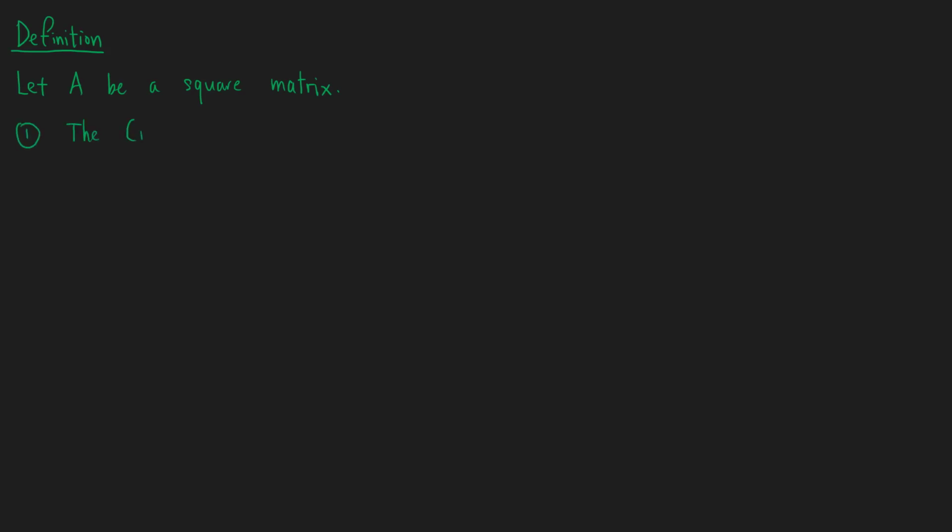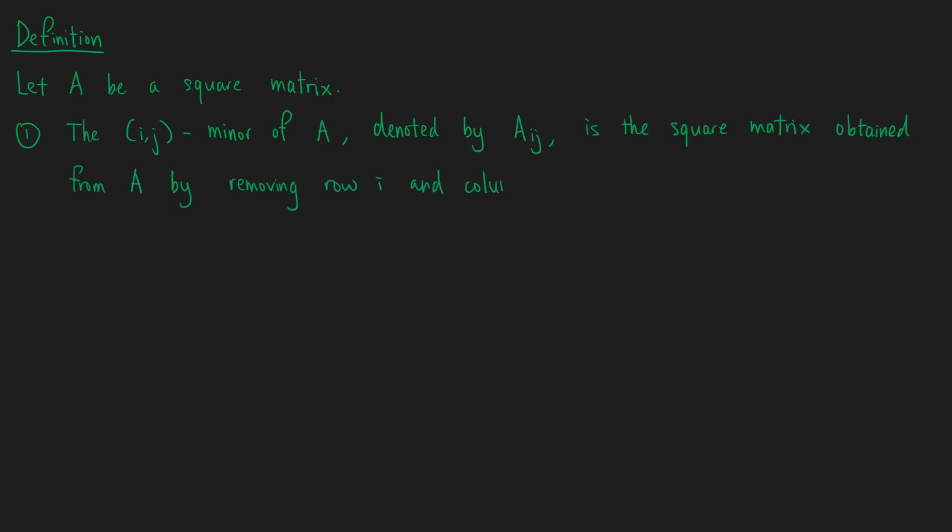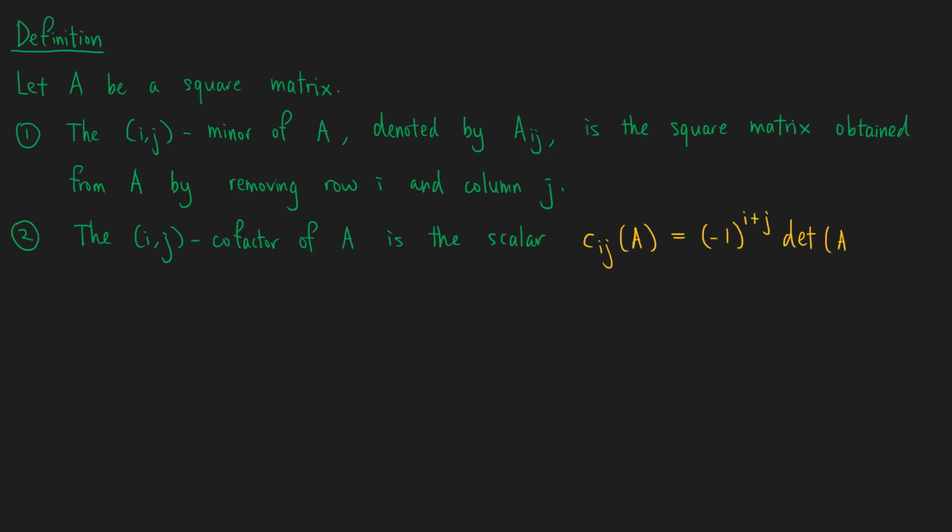The ij minor of A, denoted by A subscript ij, is the square matrix obtained from A by removing row i and column j. Second, the ij cofactor, denoted by C_ij of A, is the scalar (-1) to the power i plus j times the determinant of the ij minor of A.